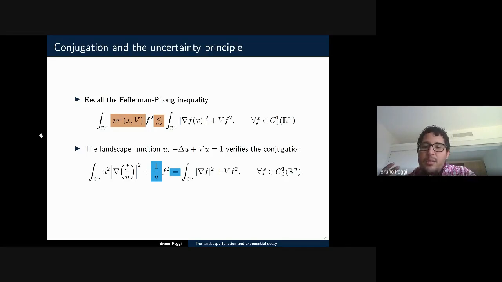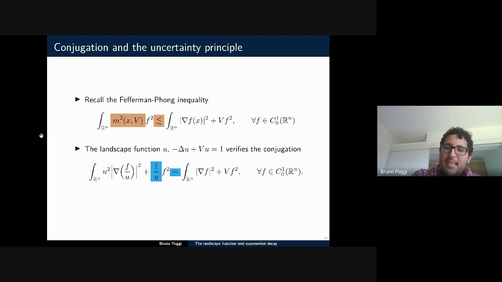It allows you to control in a lower bound the kinetic and potential energy by a potential energy with 1 over u, the reciprocal of the landscape function. So this is one main reason why the landscape function is so useful.